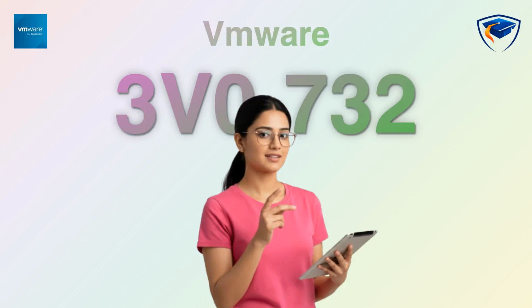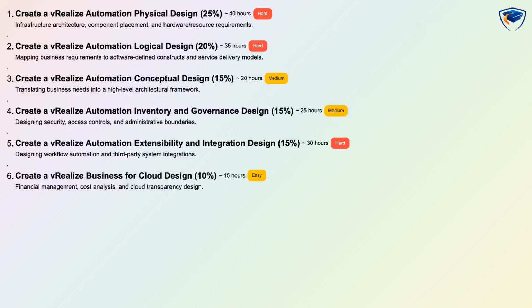Today, we are going to discuss the syllabus of the VMware Certified Advanced Professional 7, Cloud Management and Automation Design exam. The VMware Certified Advanced Professional 7, Cloud Management and Automation Design exam consists of 6 domains, each with a specific percentage weightage.